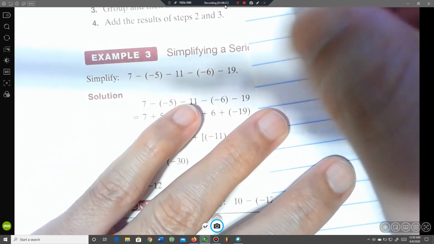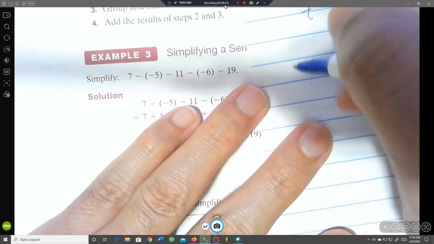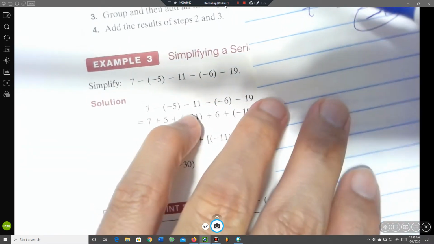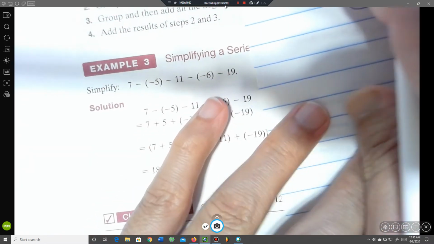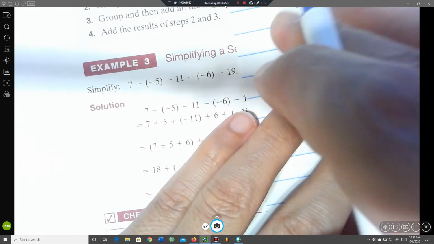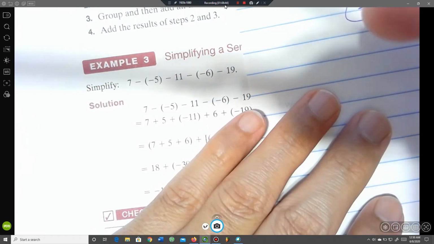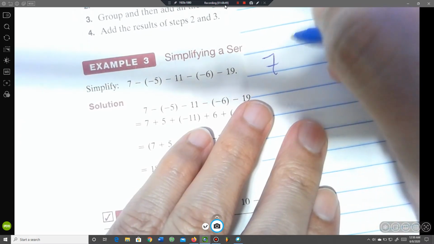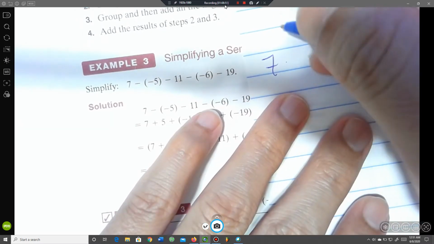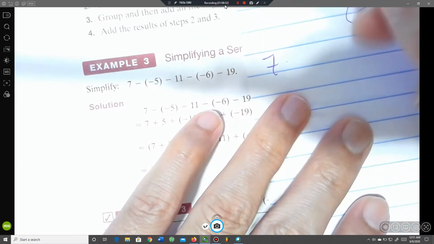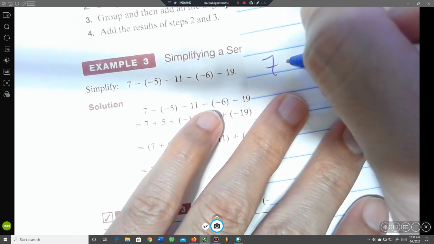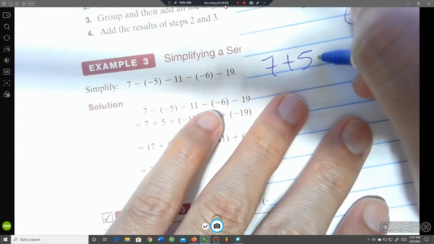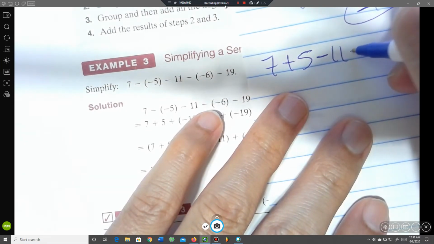The way the book teaches it is that you can combine negative signs and positive signs. Now that's up to you if you want to practice that. If you can remember that would be nice. Yes, but if you don't want to practice that, that's not a problem. So I'm just gonna go ahead and rewrite this without that many signs. That's plus 5. And that way I can show you exactly what they mean.